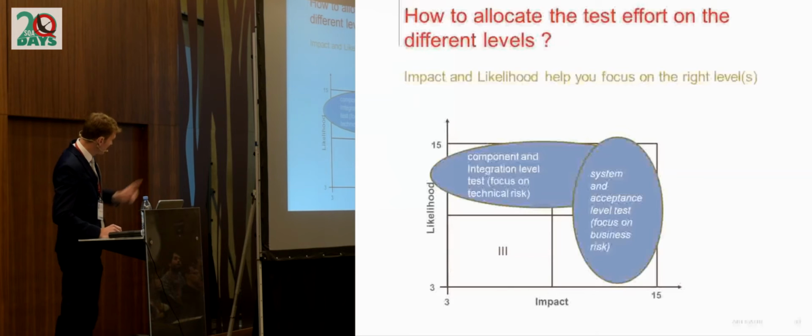On the other side, the risks with high-level impacts are normally mainly business risks, so the best place to cover these risks will be the highest levels of testing, acceptance and system testing. So that's the first way to use the matrix.